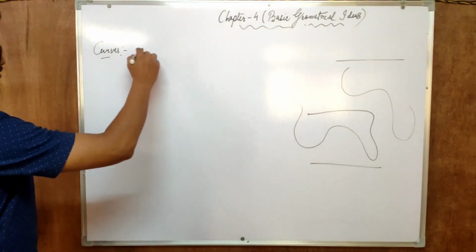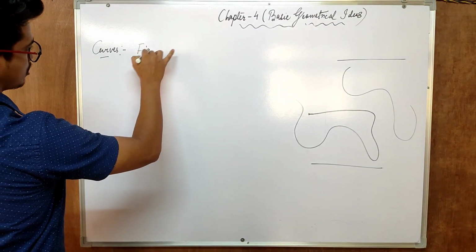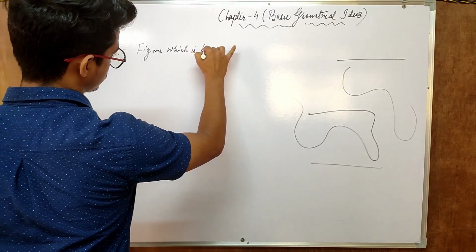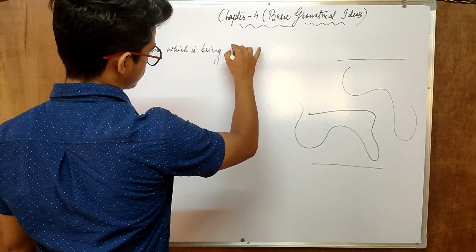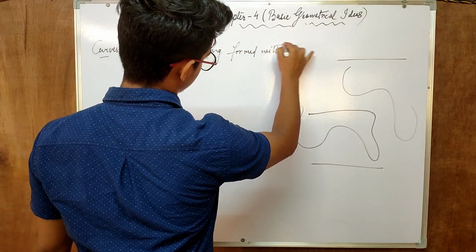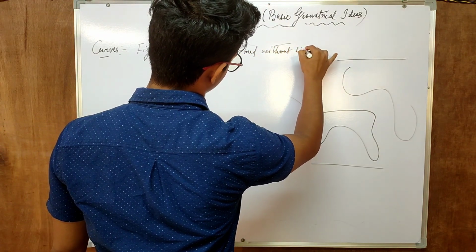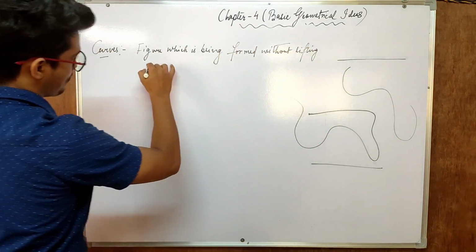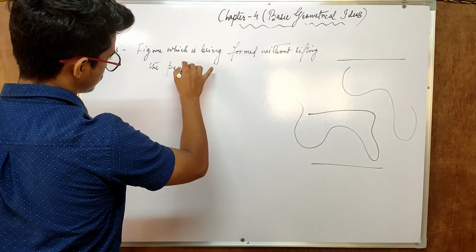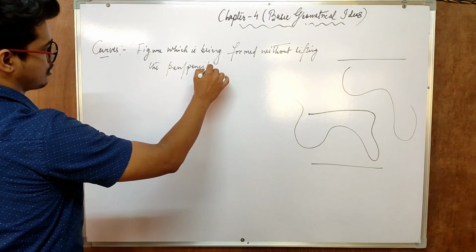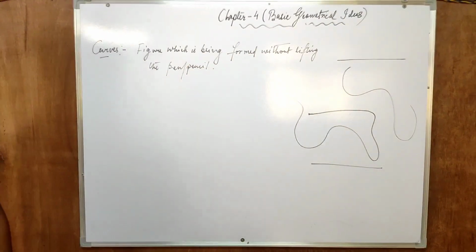That means the figure which is formed without lifting the pen or pencil is called a curve. Is it clear to all of you?